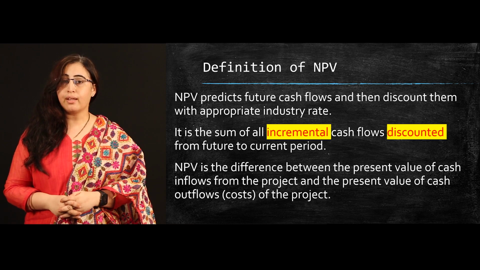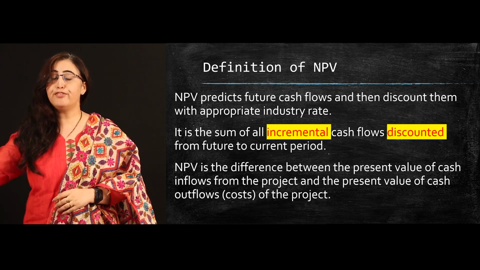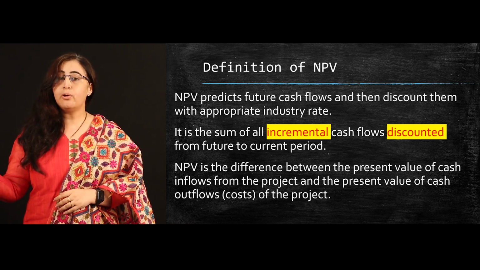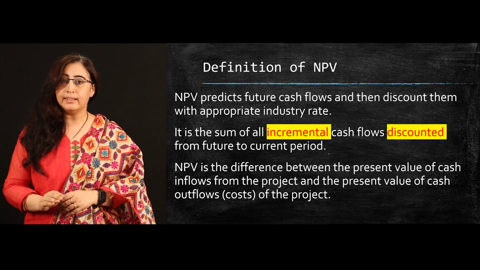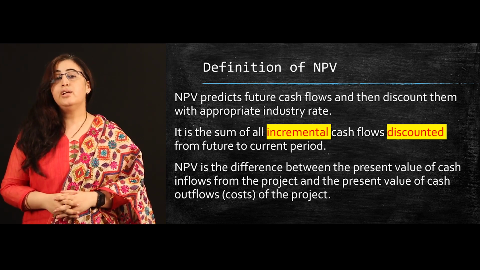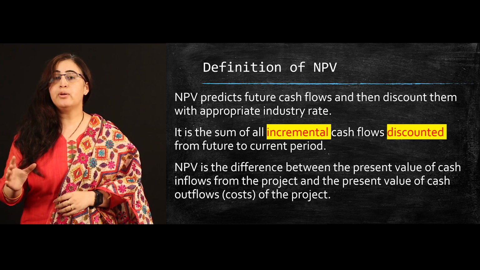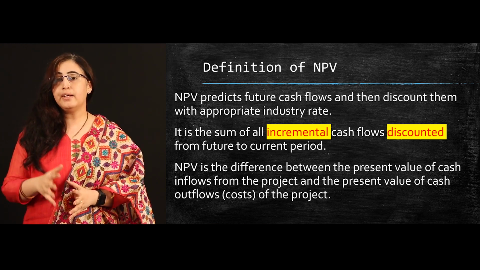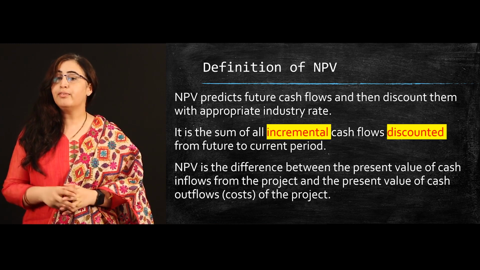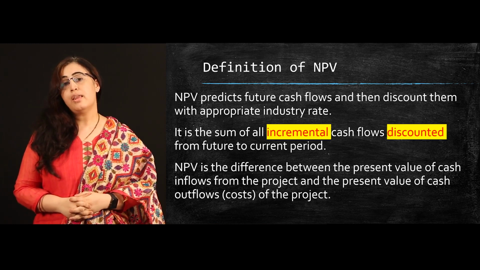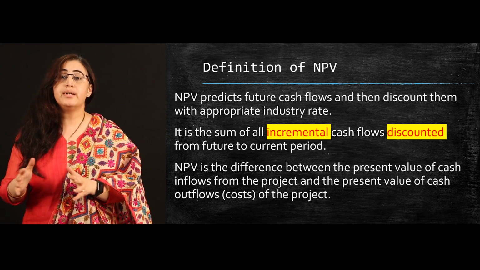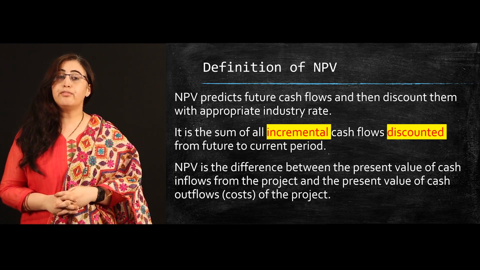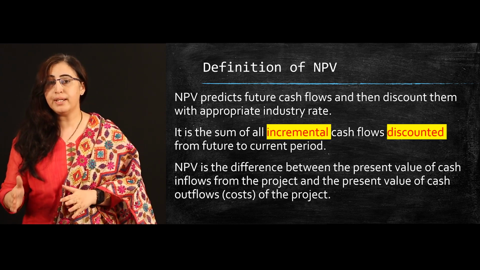Whereas if you have 100 rupees in future and you want to discount it with 10% to the present, after a year the value will be 90.9 rupees, if you do the calculation with 100 rupees. Now, it is the sum of all incremental cash flows discounted from future to the current period.